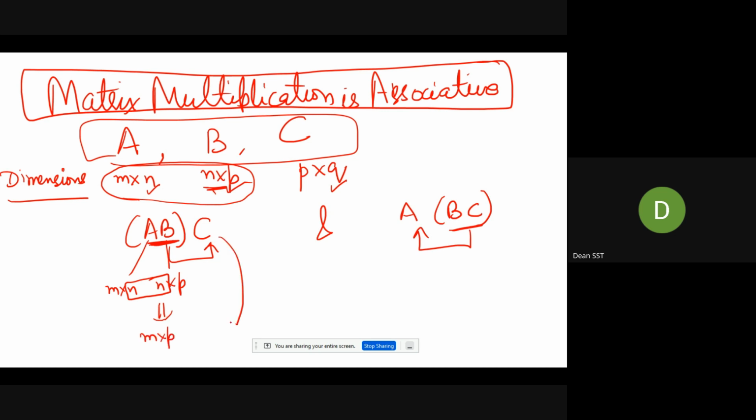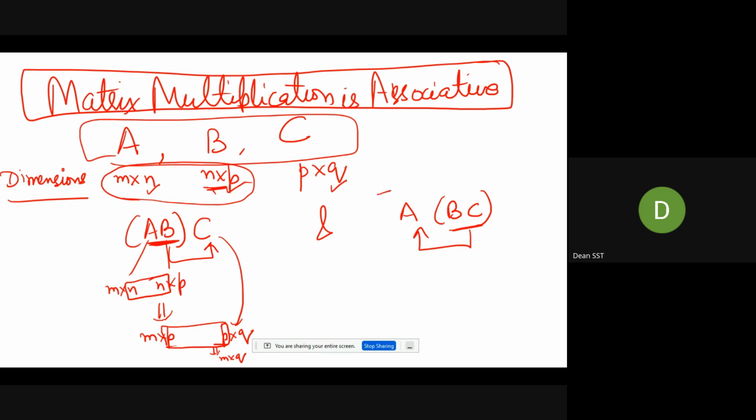Now what is the dimension of C? p into q. So the final resultant matrix will be m and q.